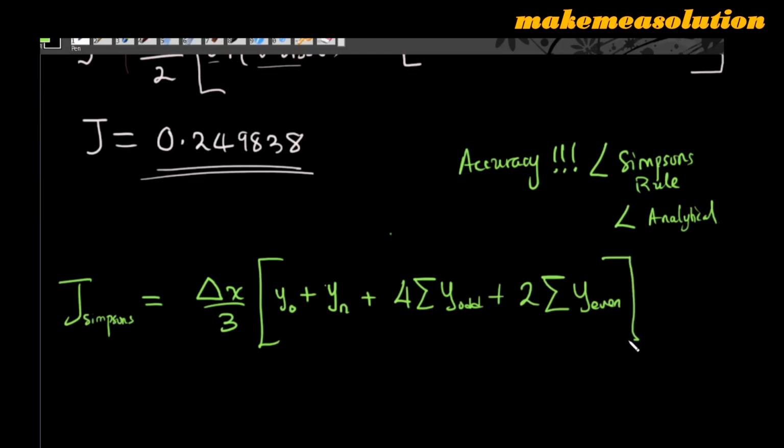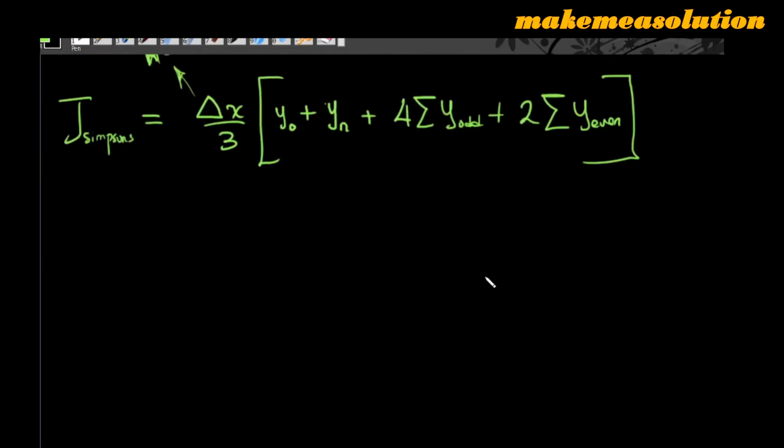So this is the formula for Simpson's rule. Once you prepare your table, you could just easily use this formula. And in Simpson's rule, delta x is no other than the h you already know. So our h is 0.2, therefore delta x will be 0.2. So we already have all these values.